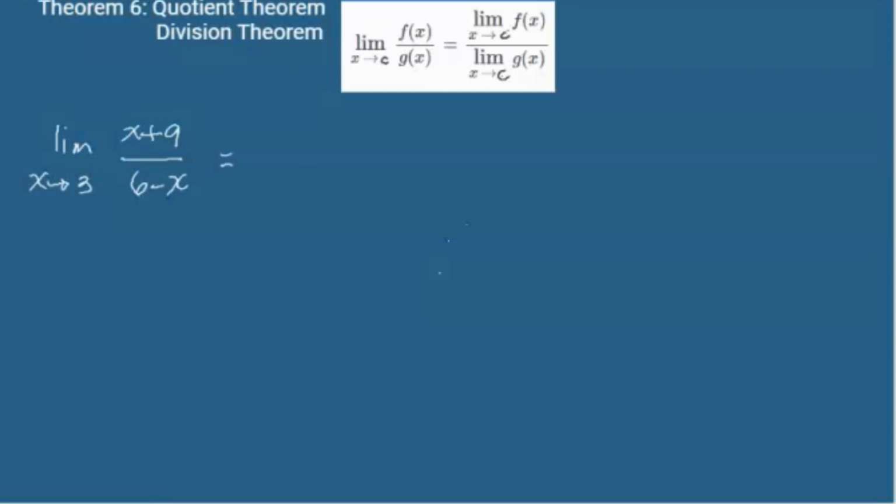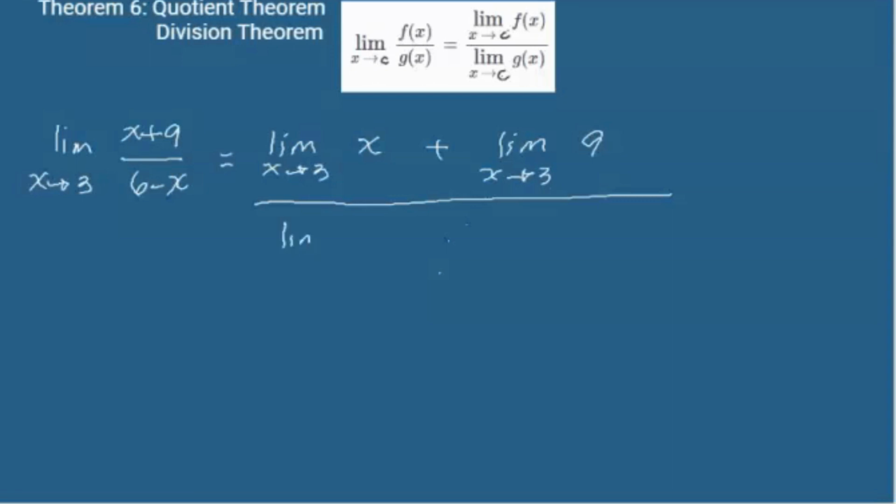The limit of x plus 9 over 6 minus x as x approaches 3. What we can do here is evaluate the limits of the numerator and then the denominator. For the numerator, we have the limit as x approaches 3 of x plus the limit of 9 as x approaches 3. And for the denominator, we have the limit of 6 as x approaches 3 minus the limit of x as x approaches 3.